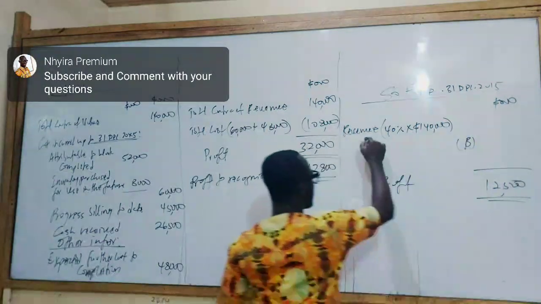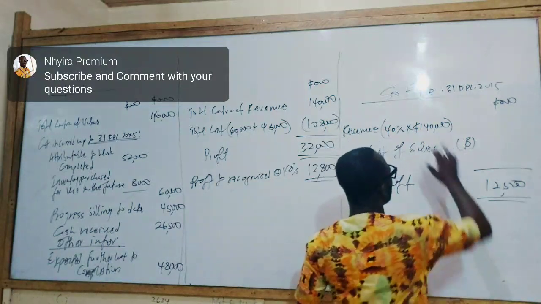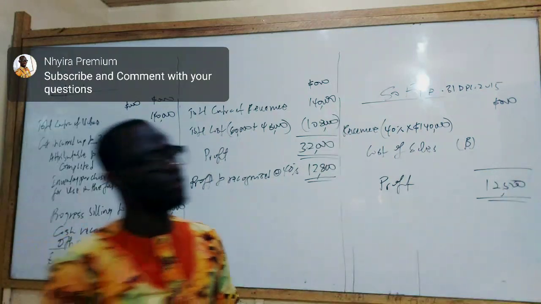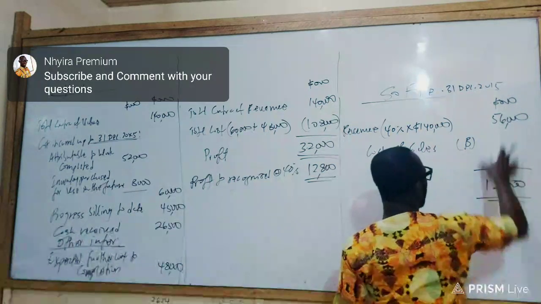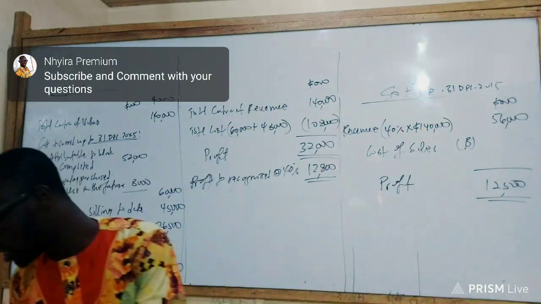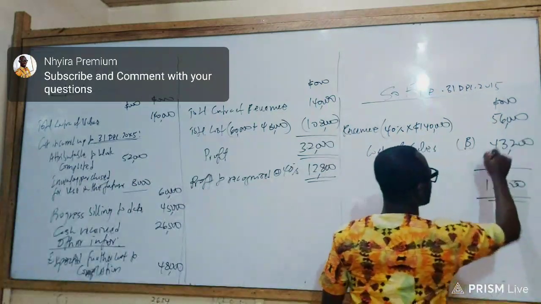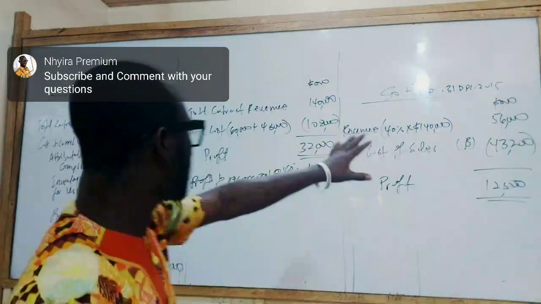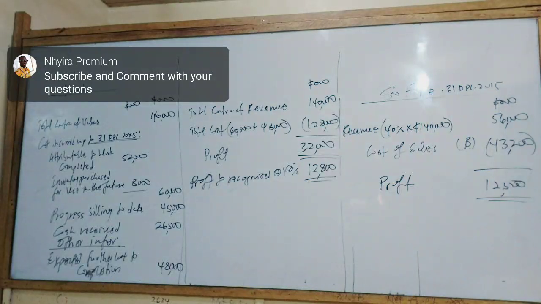Then our balancing figure will be the cost of sales. Now, 40% of 140,000, that should give us 56,000. So if you check it out, the balancing figure for cost of sales will be 43,200. And that will be in brackets, 43,200. So that is how we deal with the statement of profit or loss.